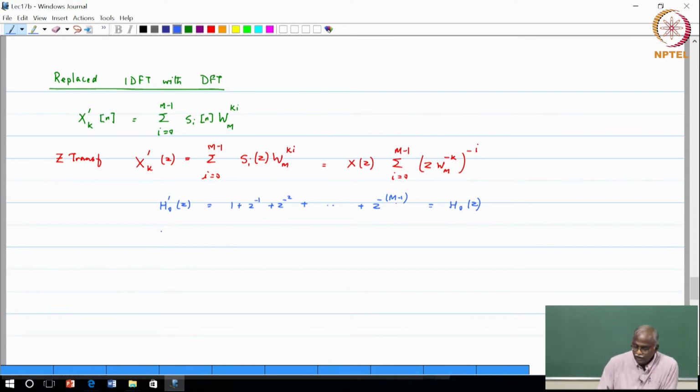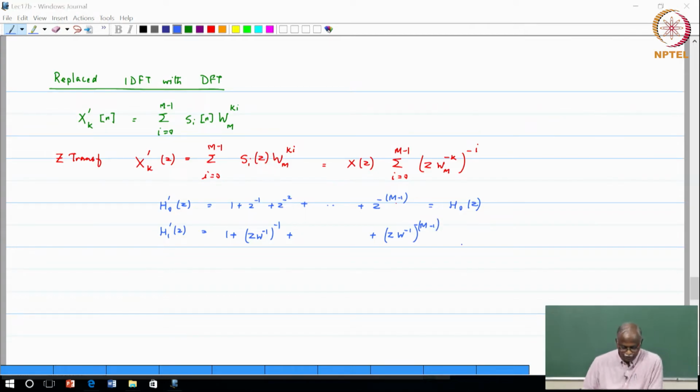Okay. Now, H1 prime of Z will come out to be 1 plus ZW inverse to the power minus 1, basically I am substituting from the expression above, up to the last term ZW inverse raised to the power minus m minus 1. Okay.